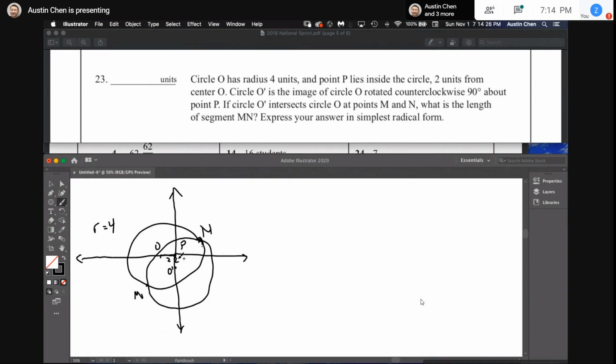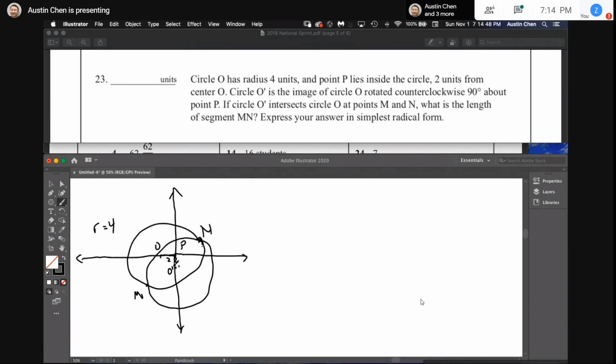Oh, okay. So one way you could do this is coordinate geometry, right? So we know the radius of the circle O. We know where it is in our coordinate system, so we can find the equation for that.